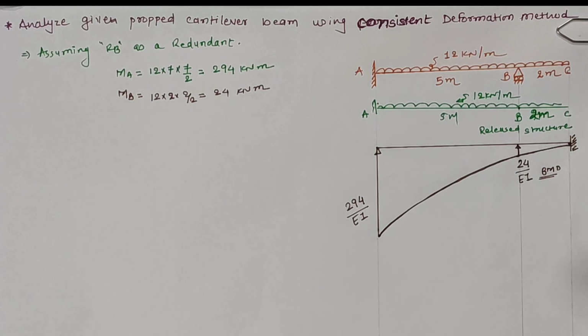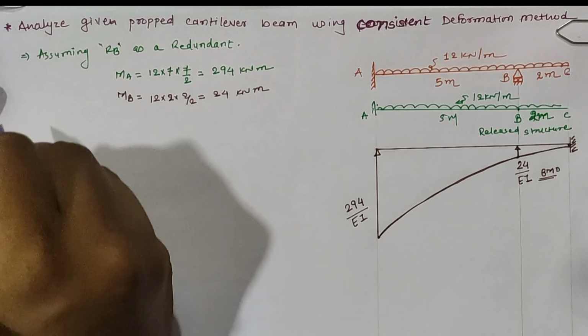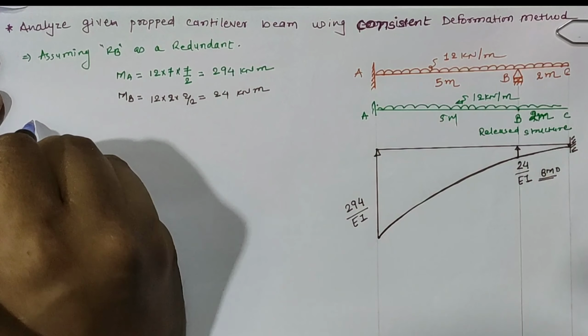Now we have to calculate the value of delta B in the conjugate beam.